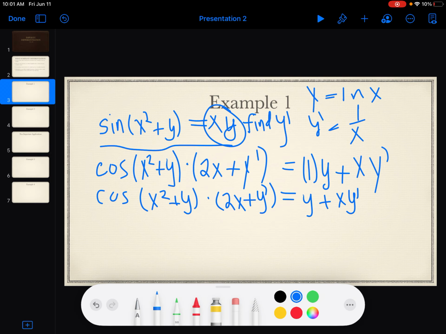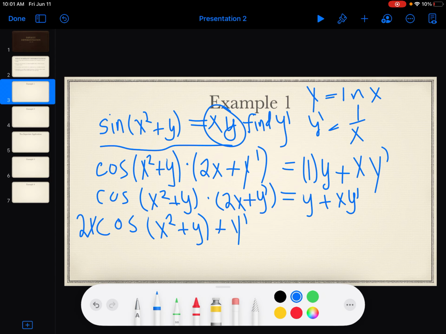What we're going to do now is multiply this out. This is something you should always do at the end: you have to write y prime in terms of everything else. And so let's multiply this out.